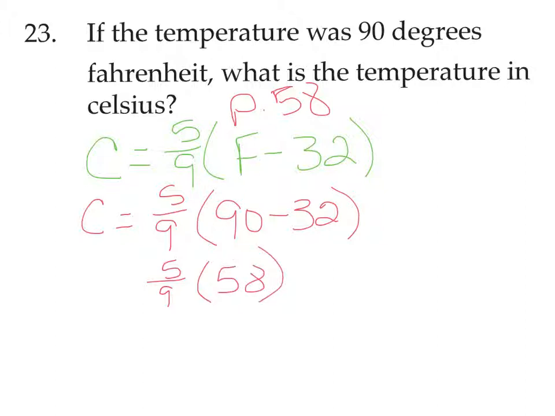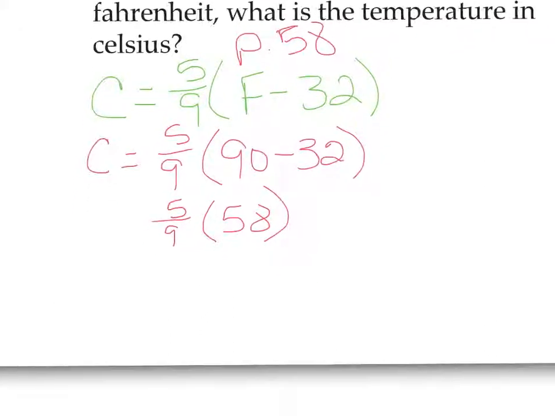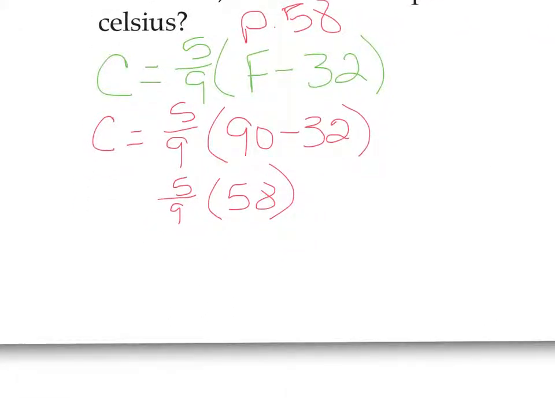And multiplying 58 times 5/9 is not really that fun, but what you want to do when you have something like this is rewrite it 5/9 times 58 over 1, and the 9 and the 58 unfortunately do not cross cancel, so you're basically multiplying 5 times 58 on the top, 9 times 1, and then you're going to divide because temperature is written in decimals.